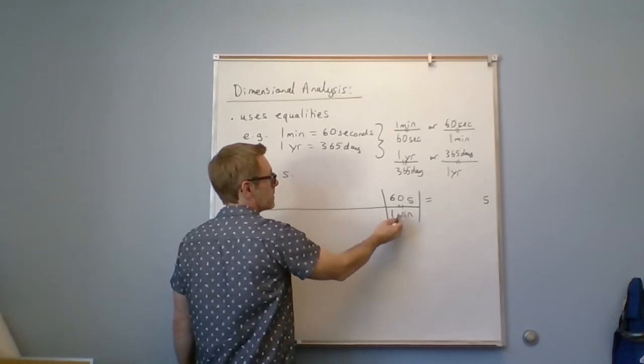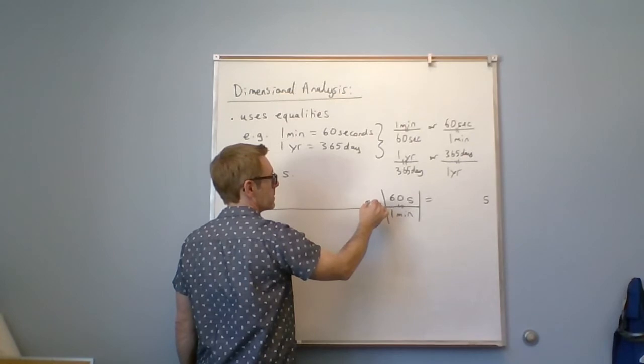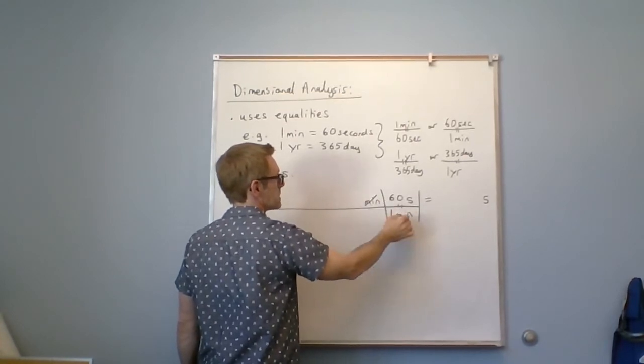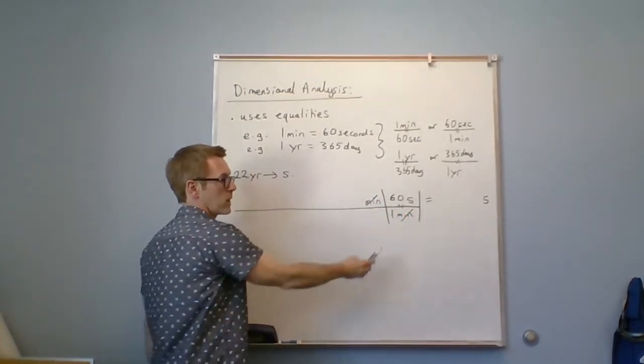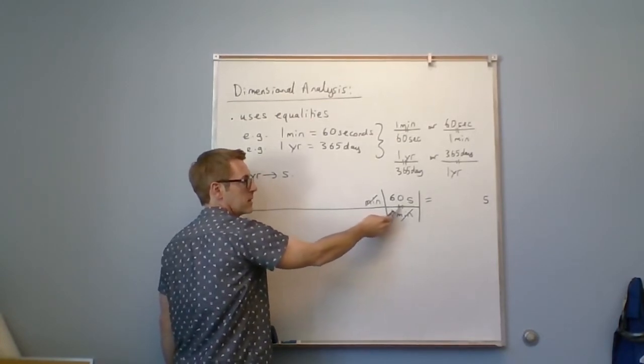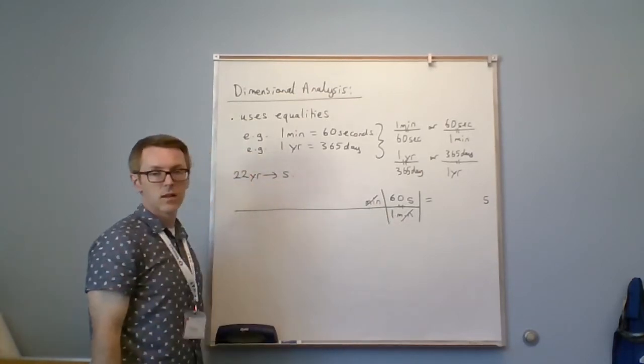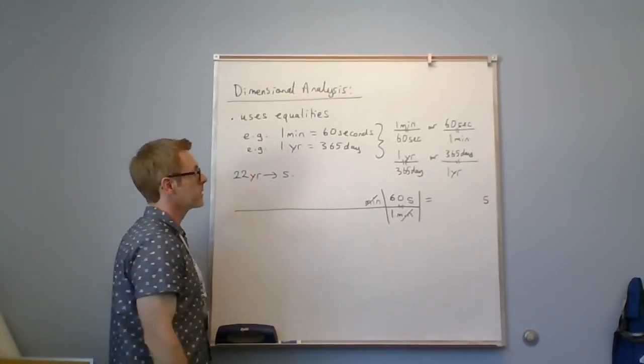But my denominator minute does not equal second, so I have to write my denominator here, and I have to cancel the denominator. I don't cancel the number 1, I just have minute divided by minute. This is a numerator, that's a denominator, so they are division, so they cancel.